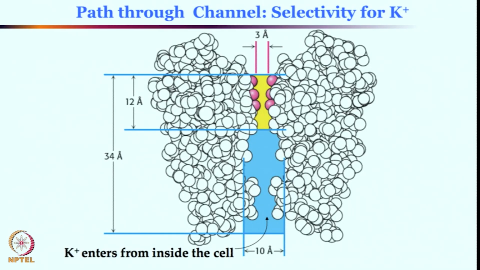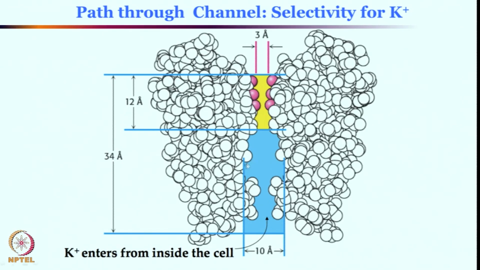So, here is the cross section or the inner view of this selective potassium channel, or this is the particular channel through which potassium will pass through. Potassium plus from inside the cell we are going to get outside the cell, but this is not through a pump, this is by simple diffusion.